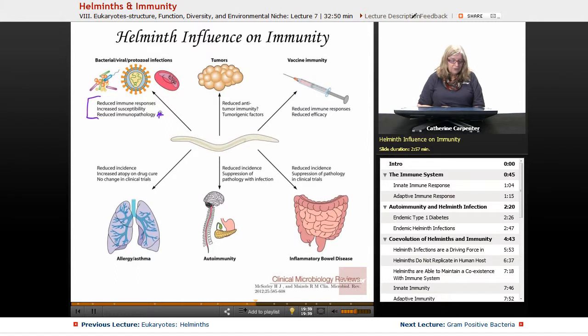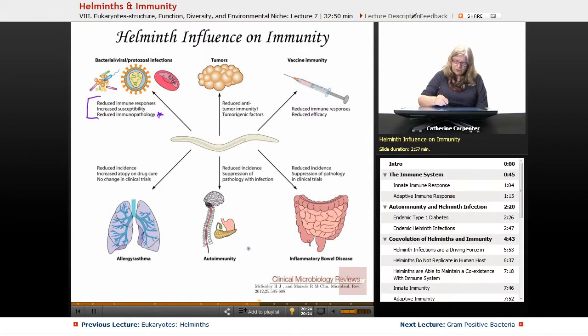Now, in terms of allergies and asthma, we just saw that the helminths actually reduce incidence. They increase atopy on drug cures, so they enhance the efficacy of drugs, but they haven't been observed to do anything in clinical trials, and that's going to be something we'll discuss towards the end of the lecture.